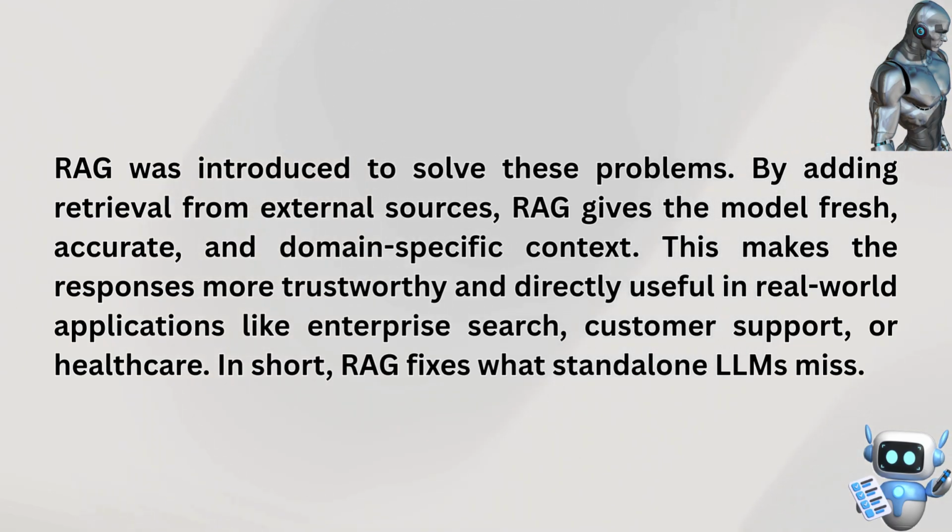RAG was introduced to solve these problems. By adding retrieval from external sources, RAG gives the model fresh, accurate, and domain-specific context. This makes the responses more trustworthy and directly useful in real-world applications, like enterprise search, customer support, or healthcare. In short, RAG fixes what standalone LLMs miss.